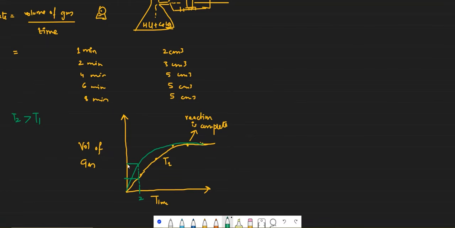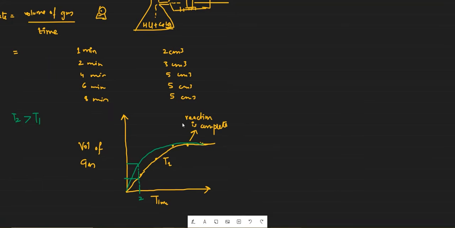So always remember, whenever there are two curves which start and end at the same point, the curve which is going to the left, or the curve that is traveling less towards the x-axis and more towards the y-axis, is going to be of the faster reaction. Starting and ending are the same because all of the factors that we have studied only affect the rate of reaction, not the amount of product formed. The amount of product remains the same. That's why the curve ends at the same point.